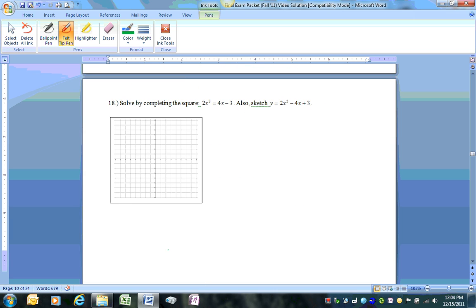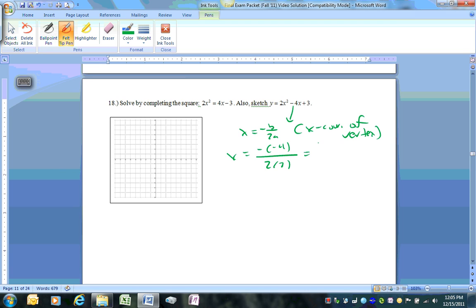18. You will have to be able to sketch a quadratic equation and be able to know how to solve by completing the square. We'll start with the sketch. Remember, x equals negative b over 2a. That's to find the x coordinate of the vertex. So negative negative 4 over 2 times 2, which is 1.